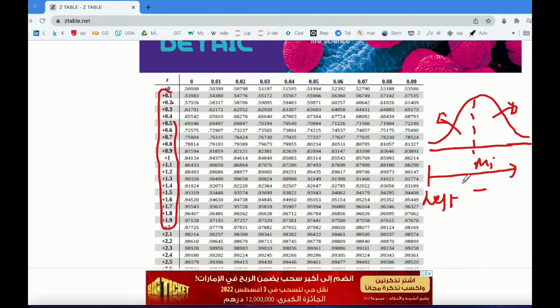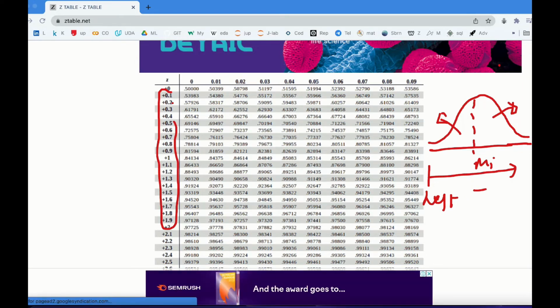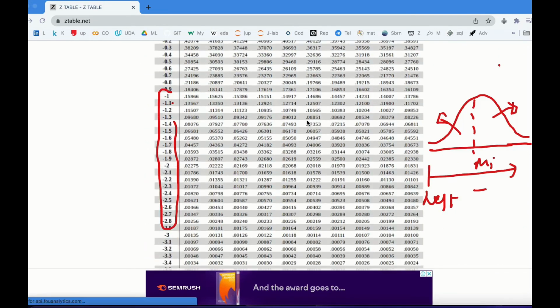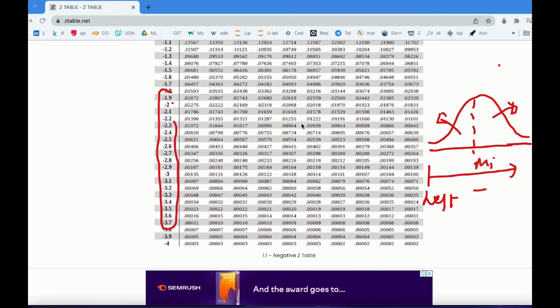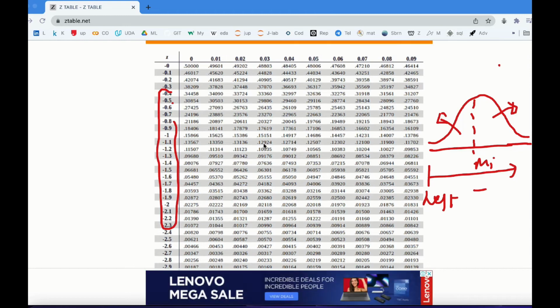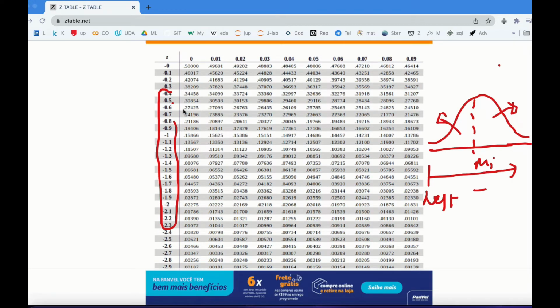So suppose we have seen that it is minus 0.6. Now we have got the minus 0.6, so we have the z value, and we have to take the corresponding area.